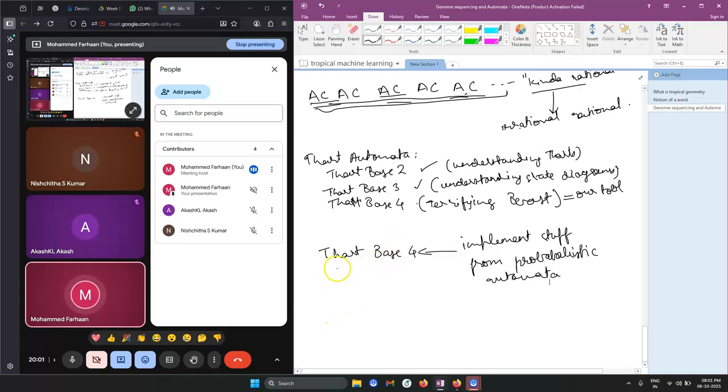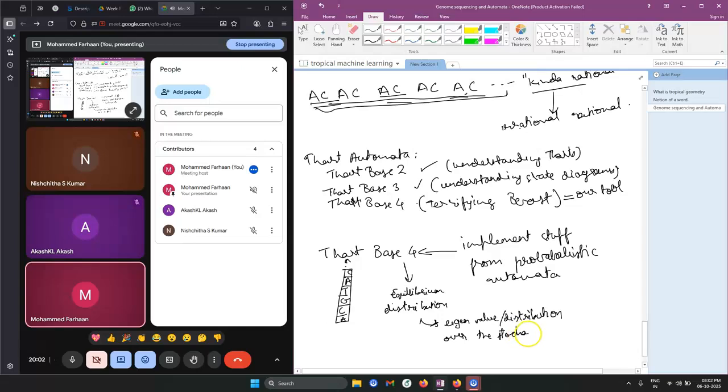We chuck in our sequence A, C, G, T, A, C, and what we expect is something called an equilibrium distribution, which is the eigen distribution over the stochastic graph, or matrix, of our Markov chain.